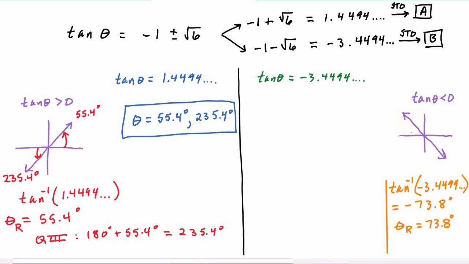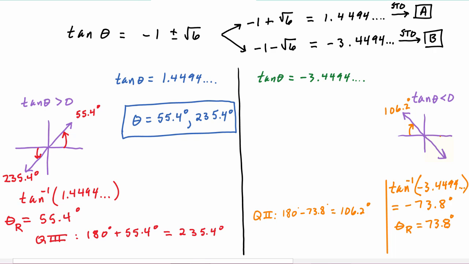Now, if we put that in our picture, then we know that our quadrant 2 angle, we would do 180 minus 73.8. And if we punch that into our calculator, we see we're going to get 106.2 degrees. So that's here in quadrant 2, 106.2 degrees.